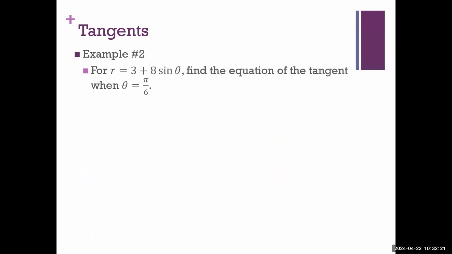All right. So got a new polar curve. I want to find the equation of the tangent line. So tell me how to start that. How do you find your slope?